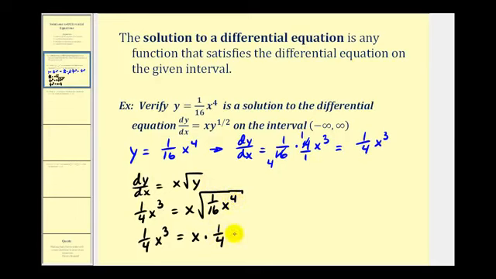The square root of x to the fourth is x to the second. It looks like we have it. 1/4 x to the third is equal to, this would be 1/4 x to the third. Therefore, this verifies the given function is a solution to this differential equation.